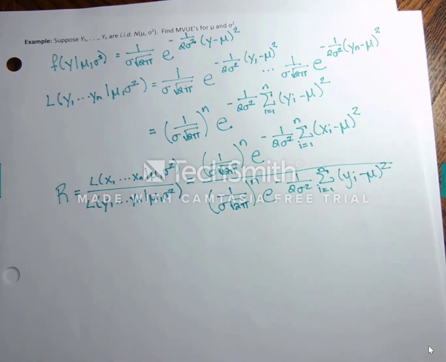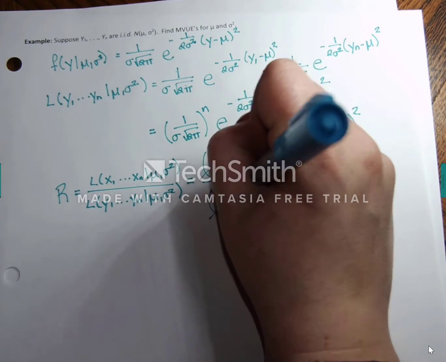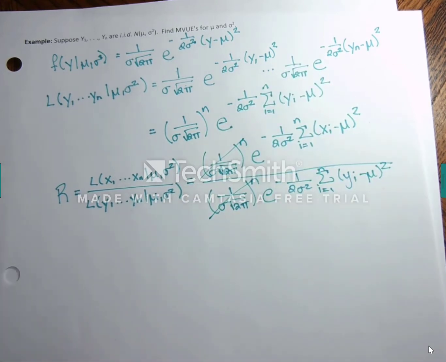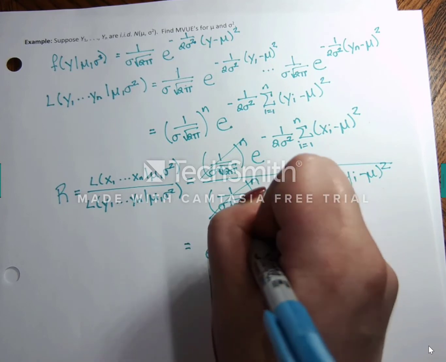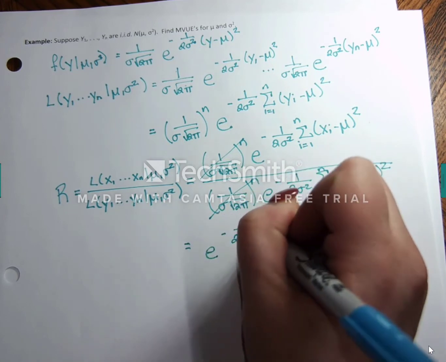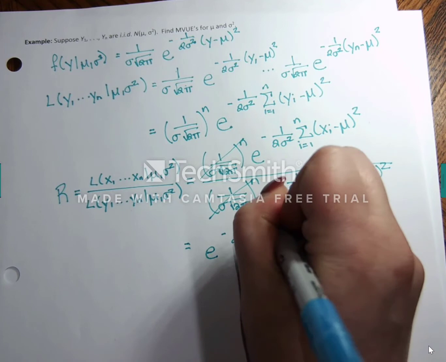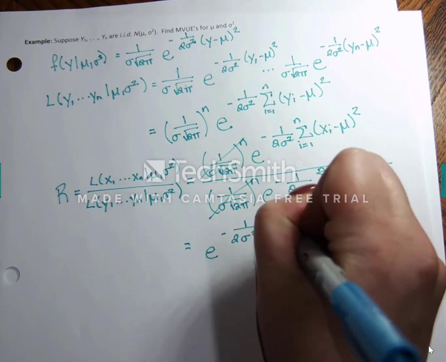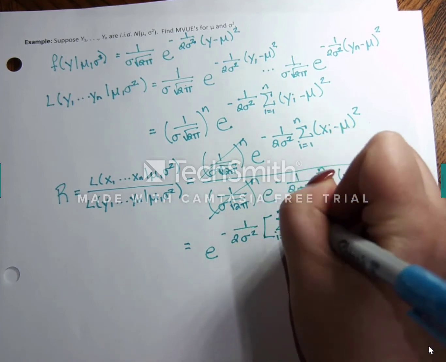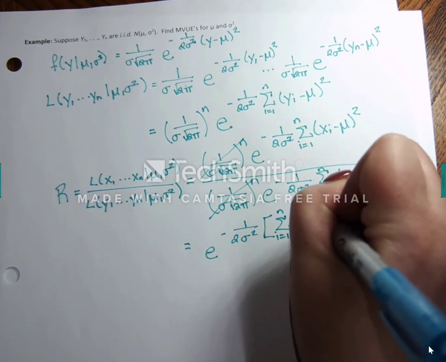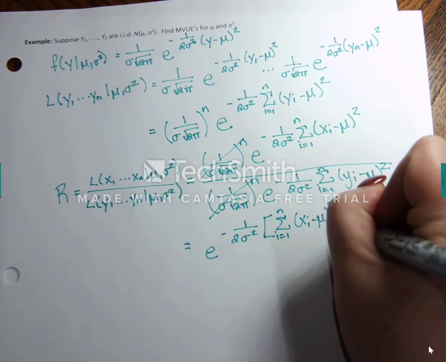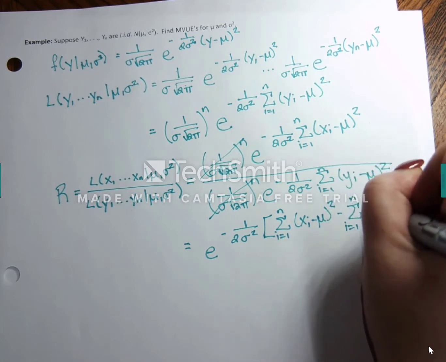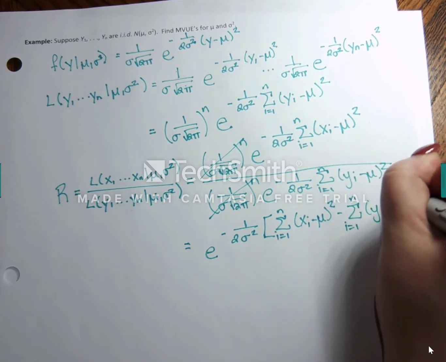All right, so we can see right off the bat that these two terms are going to cancel. And so this is going to leave us with e to the negative 1 over 2 sigma squared times the sum, i equals 1 to n, xi minus mu squared, minus the sum, i equals 1 to n, yi minus mu squared.